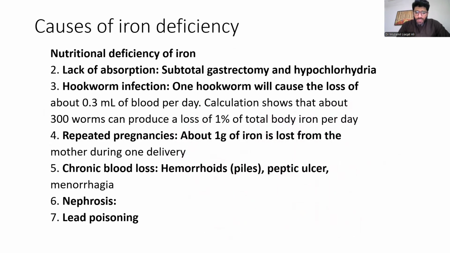The causes may include nutritional deficiency of iron, lack of absorption due to subtotal gastrectomy and achlorhydria or hypochlorhydria, hookworm infections, repeated pregnancies, chronic blood loss, such as in hemorrhoids, peptic ulcers, and menorrhagia, that is excessive menstrual bleeding, nephrosis, and lead poisoning.